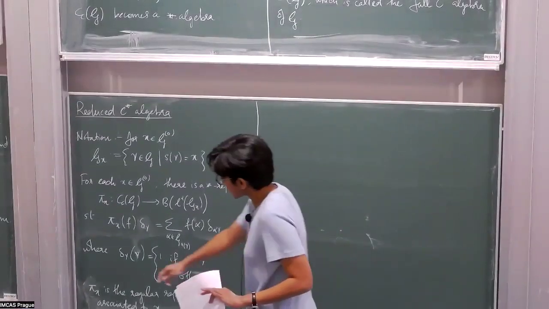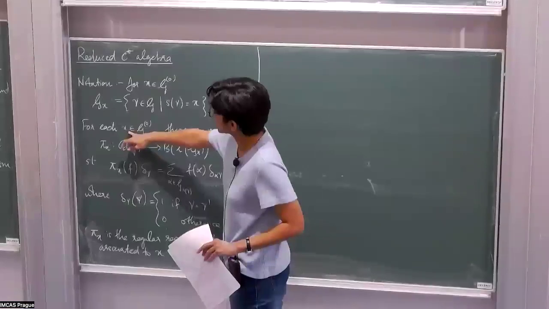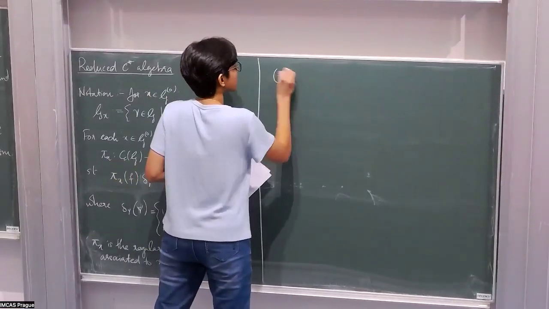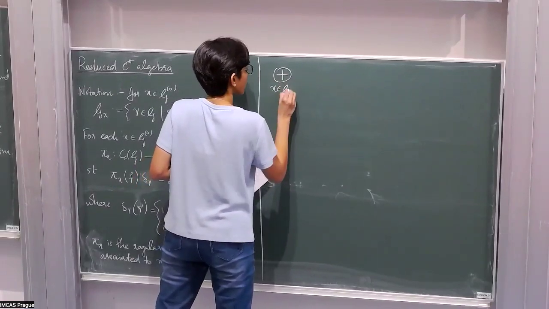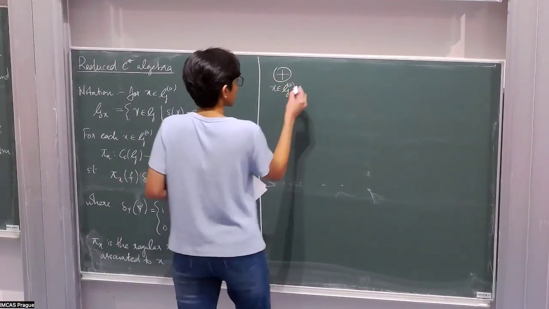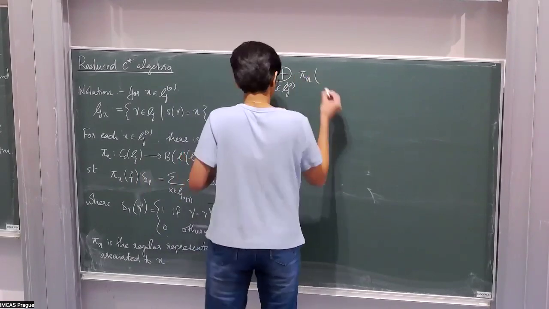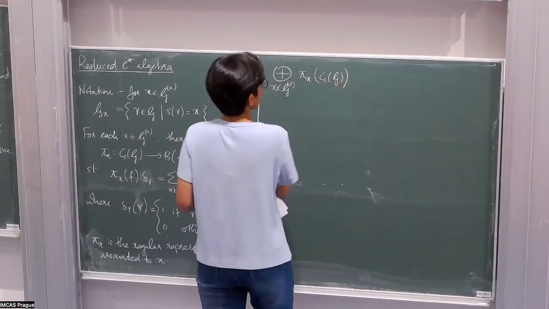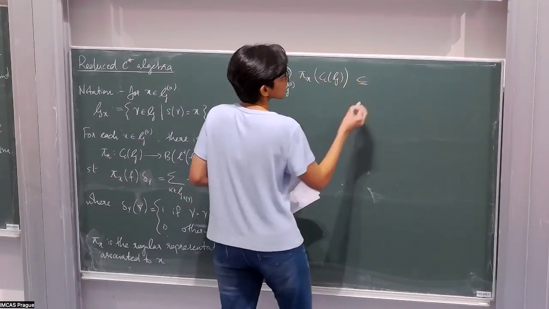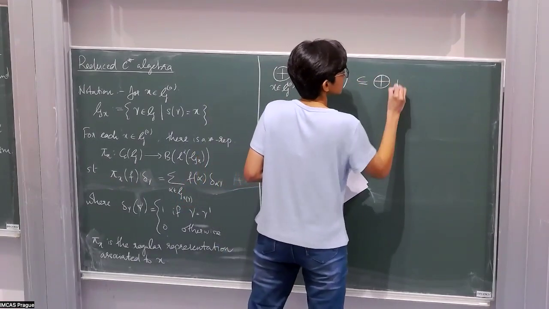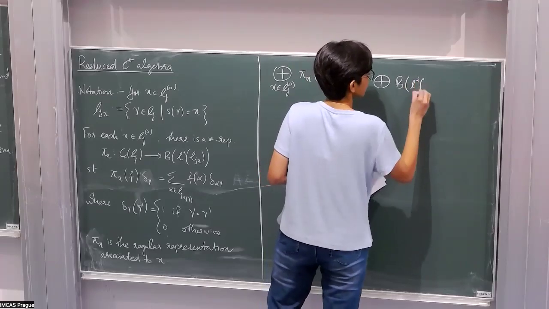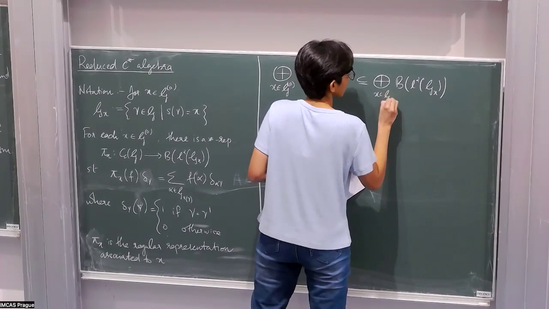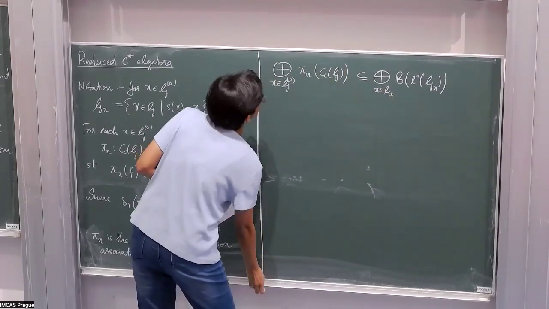Now we have this representation corresponding to each of the elements in the unit space. So we can take the direct sum of all the images, and this is going to be contained in the direct sum of B of L2 of G suffix x.